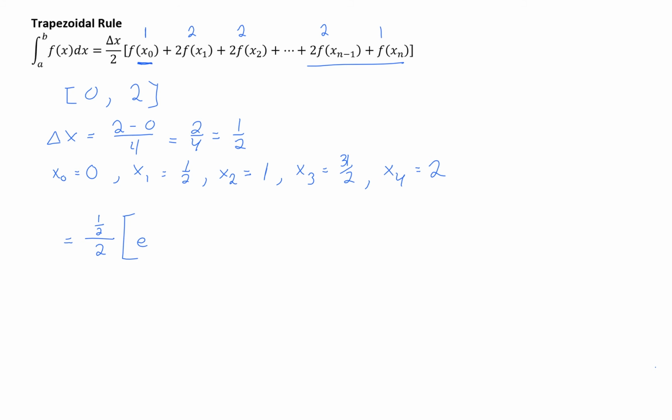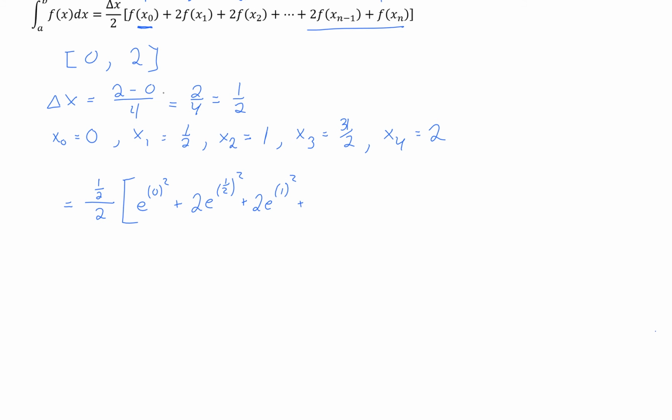So plugging that in, it's e to the 0 squared plus 2 times e to the 1/2 squared plus 2 times e to the 1 squared plus 2 times e to the 3/2 squared. And notice now this is our last subinterval, so it's back to just 1 times e to the 2 squared. Close off my brackets.